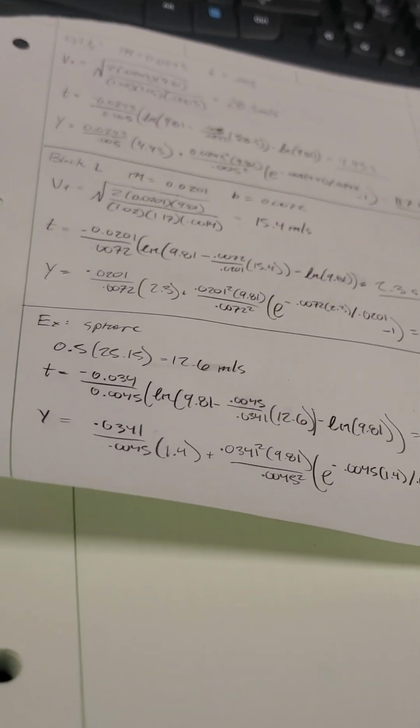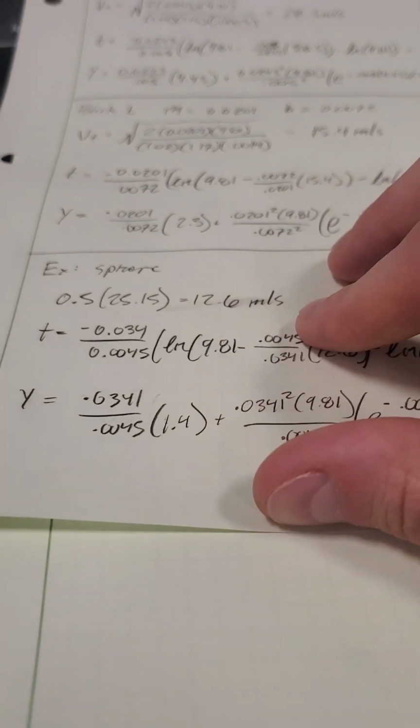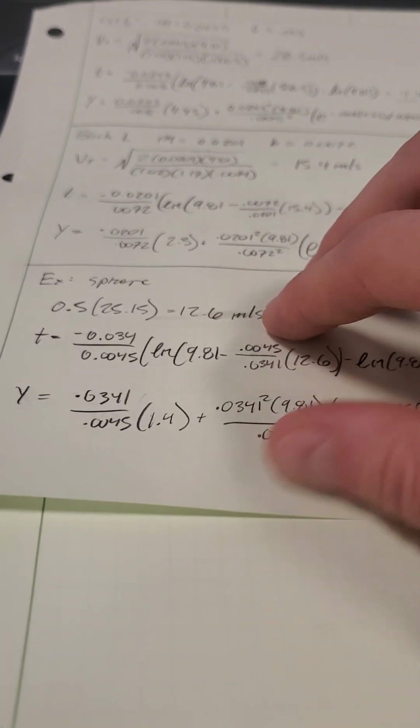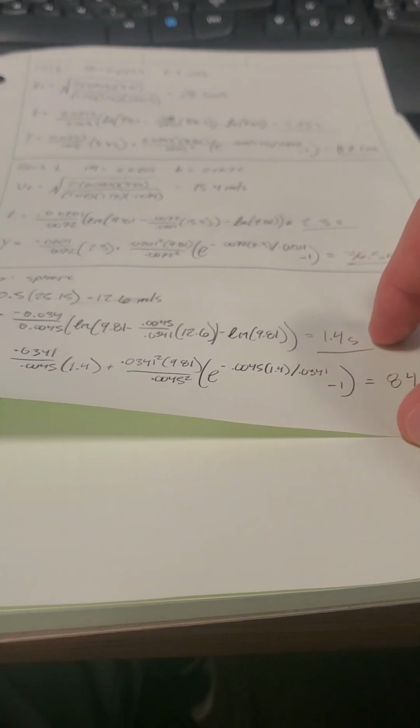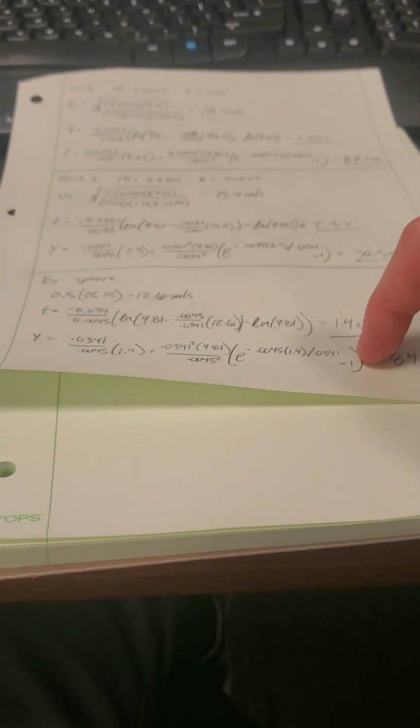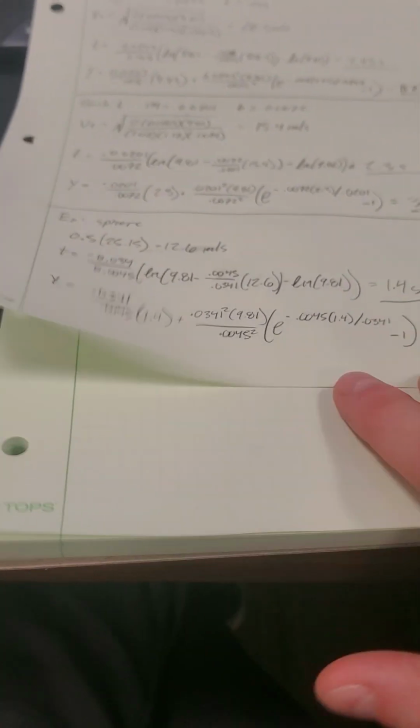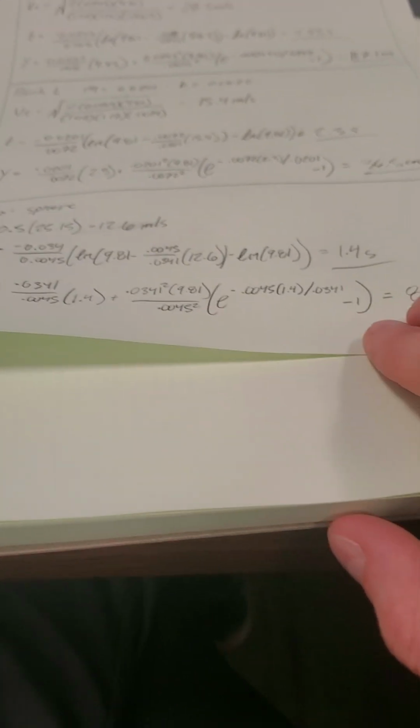So basically what I did is I just calculated 50% of the terminal velocity, plugged everything in again to get a new time, and then I just plugged that time into the position one again to just find this.